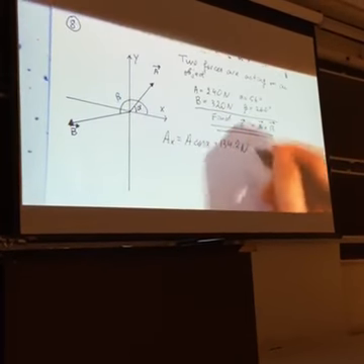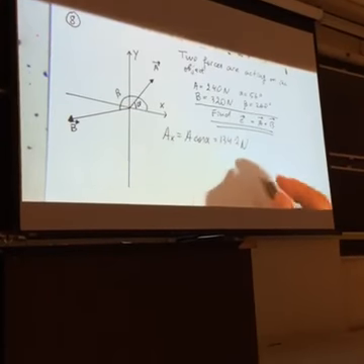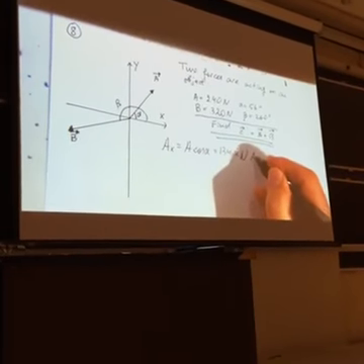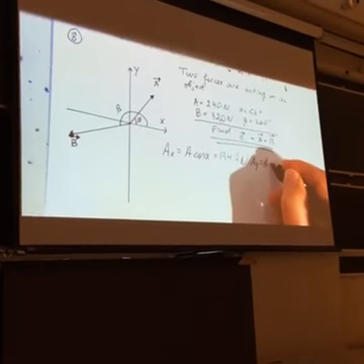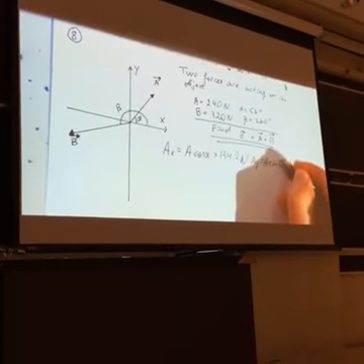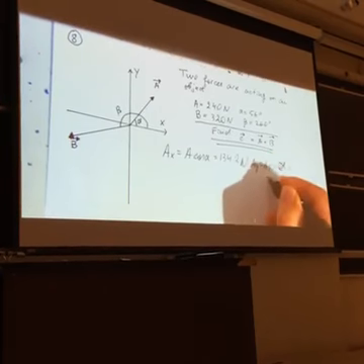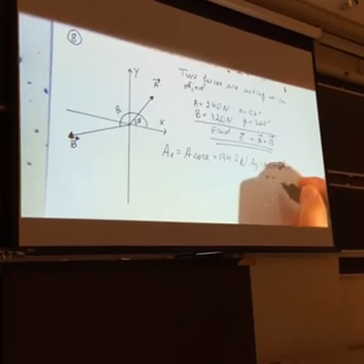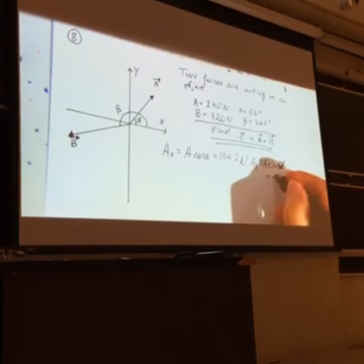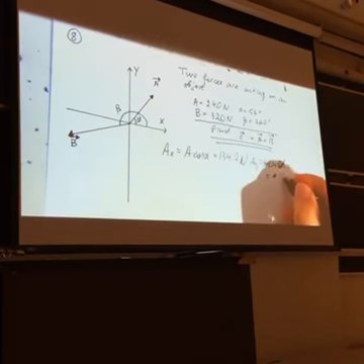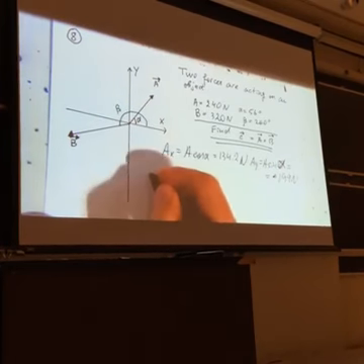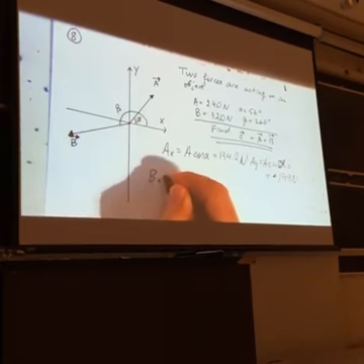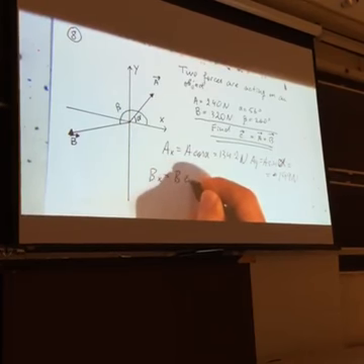And the y component of A is A sine alpha, equals 199. The same for B. The x component of B is B cosine beta.